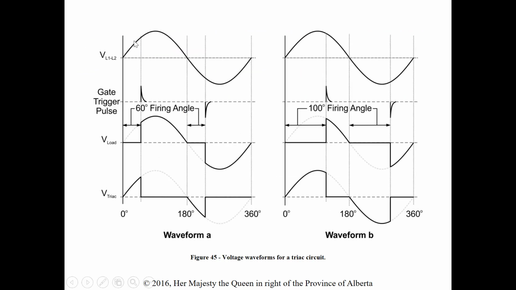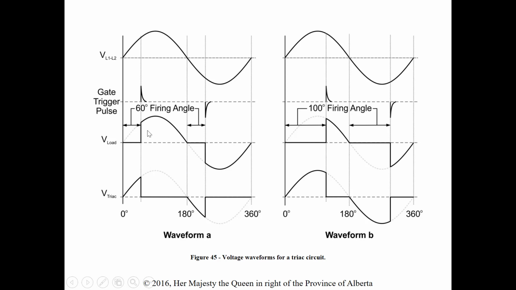So again, we see our AC supply through here on waveform A, and under waveform A we see that the firing angle in this circuit is at 60 degrees. Again, the firing angle and the conduction angle have to add up to 180 because that's the alternation.